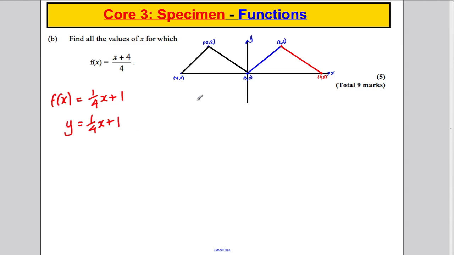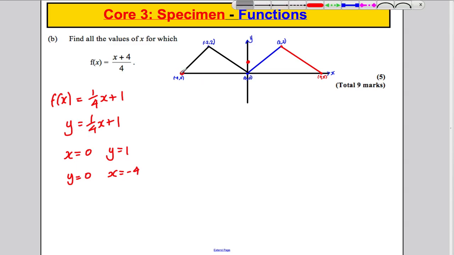Well, let's draw the graph quarter x plus 1 here to see if we can work out where it is. If I wanted to draw this graph, I could let x be 0 and I'd get y as 1. So I know it goes through here. And if I let y be equal to 0, I would get x is equal to negative 4, just substituting in y 0. So I know it goes through this point here.